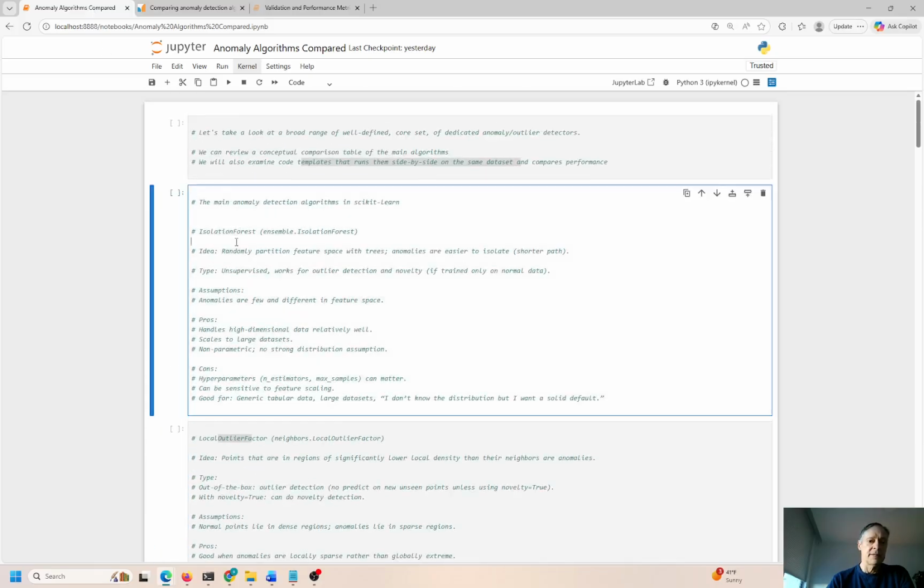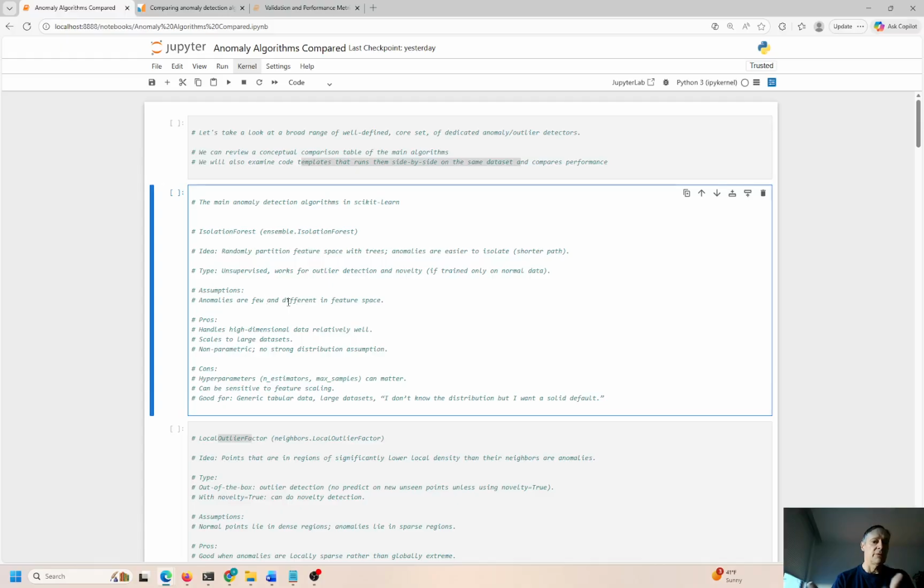And we can see, I've got my notes here, the pros and cons of each. So the idea of the IsolationForest is randomly partitioned feature space. The type is unsupervised. These are always unsupervised, okay? So supervised is when you know what the outcome is and you try to measure your predicted results against the holdout test results. Unsupervised, you don't know what the outcome is going to be. You just let the algorithm run wild and it tells you what you need to know.